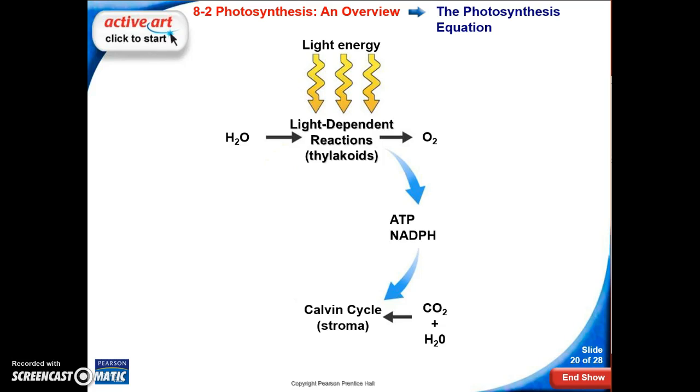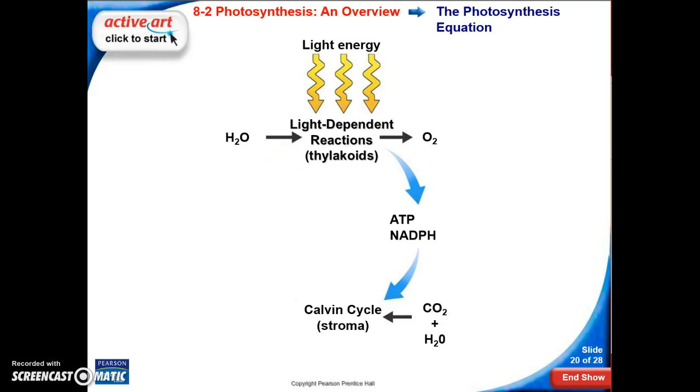They're still inside the chloroplast, but they're moving from the thylakoids to the stroma. And so NADPH drives the electrons that we get from the light-dependent reactions over to the Calvin cycle. And primarily those electrons are representing energy.